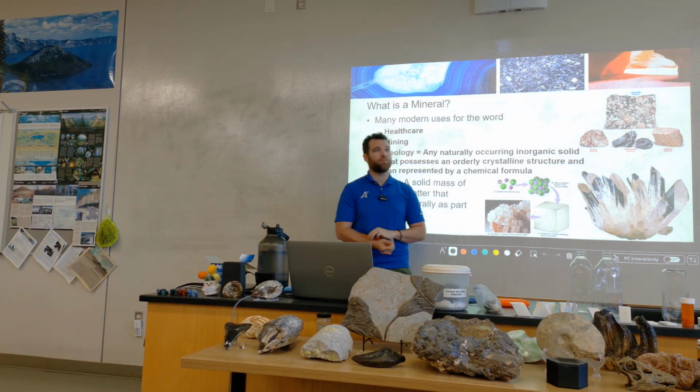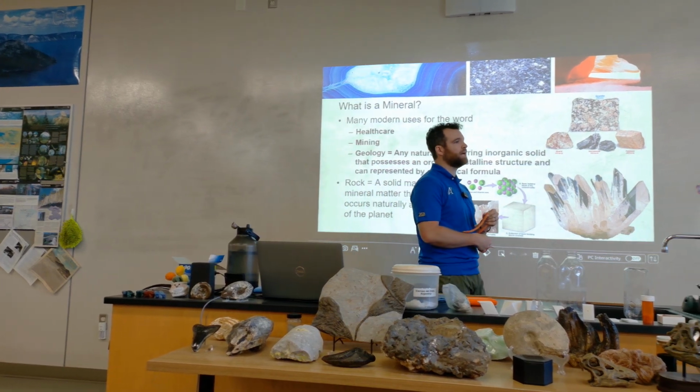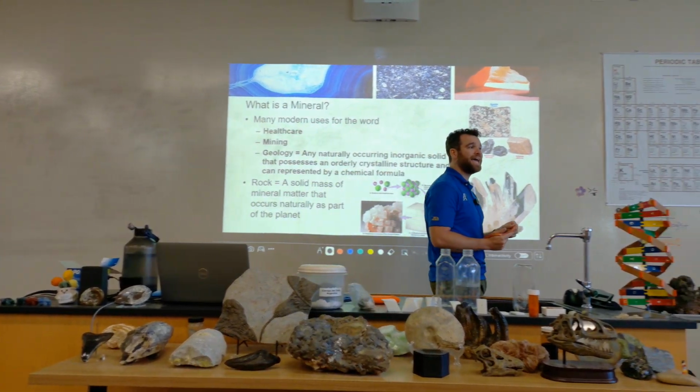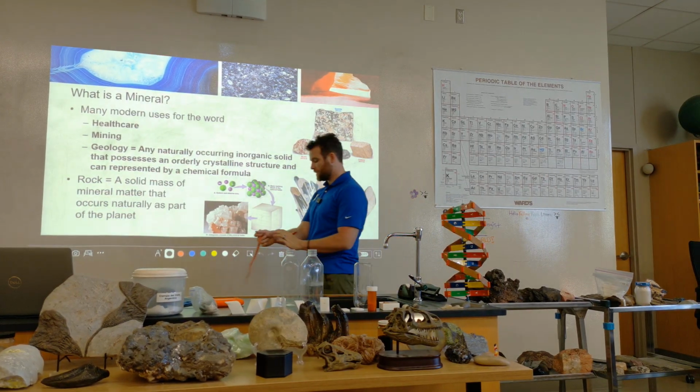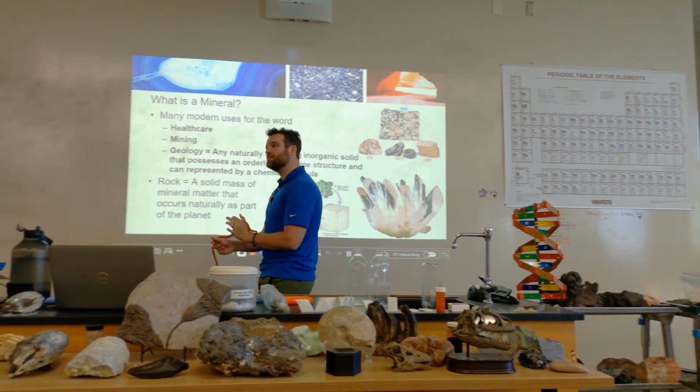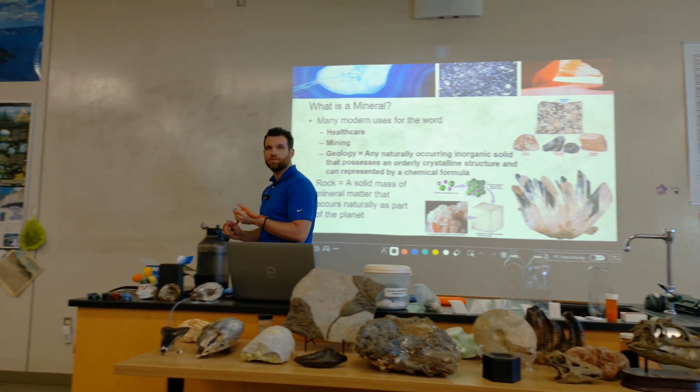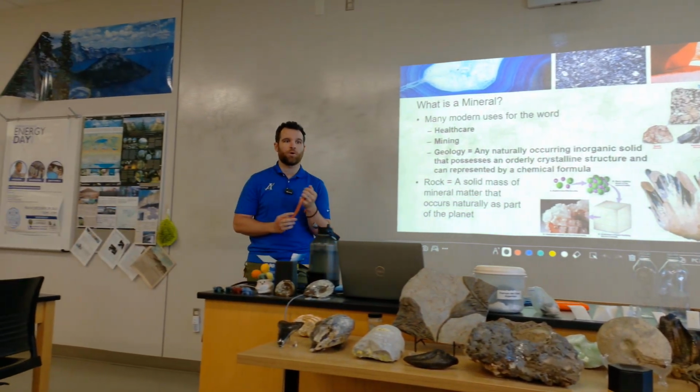Okay, the definition of a mineral that I give you right now is not going to be the same that you find online, but I have it as this definition for a very specific reason. Every single word in this definition is important, so don't change it. Write it down word for word here.